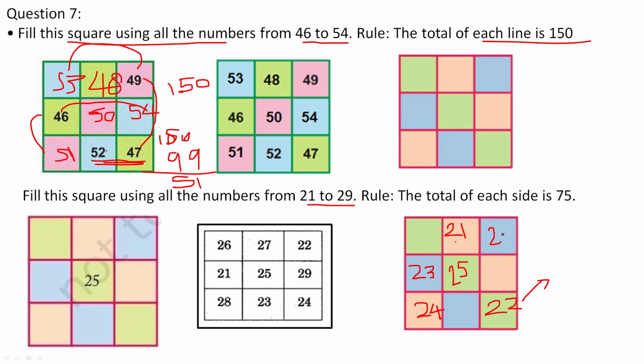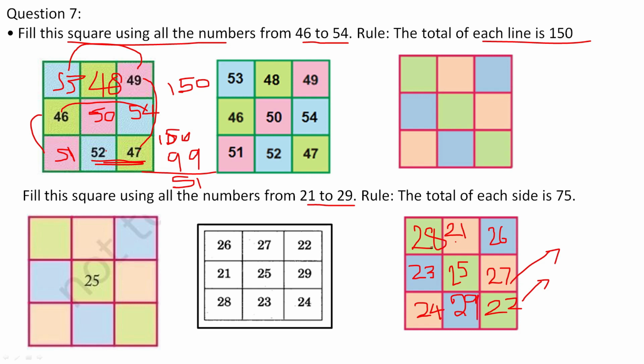26, 27 you should go diagonally, but here there is no place, so 27 you can put it down. 28 you should go diagonally, but there is no place, it will go up. 28. So lastly 29 is left out, there you can put it down.